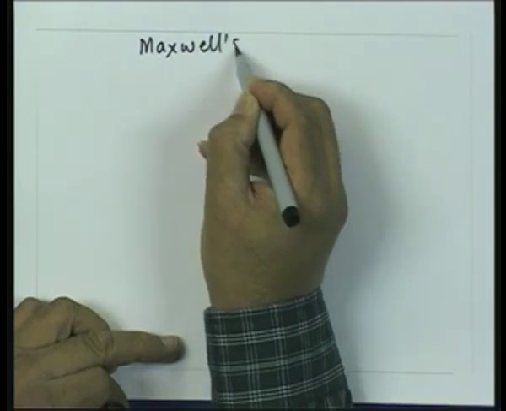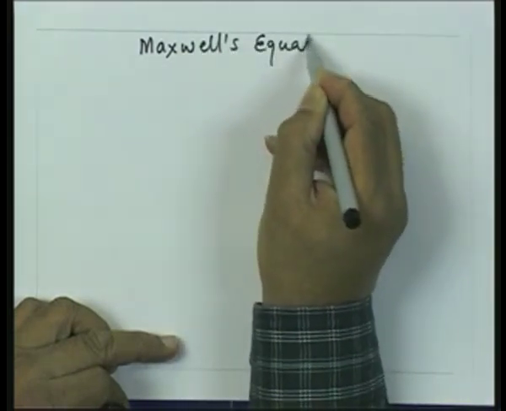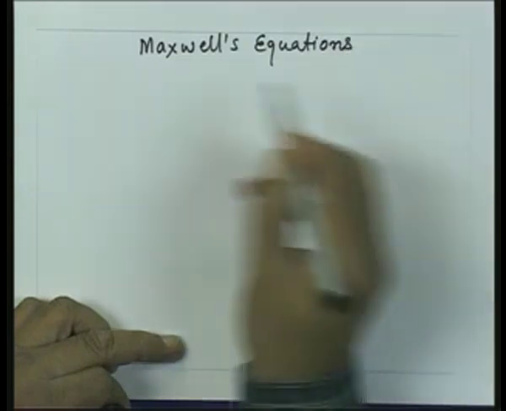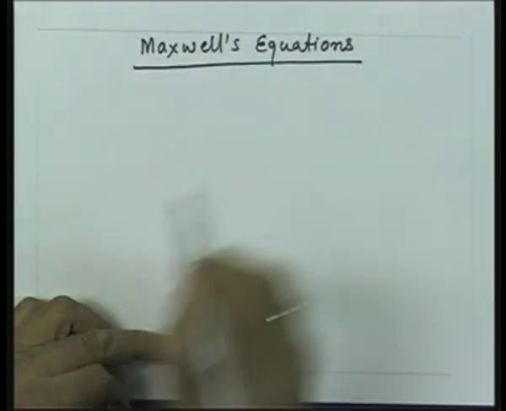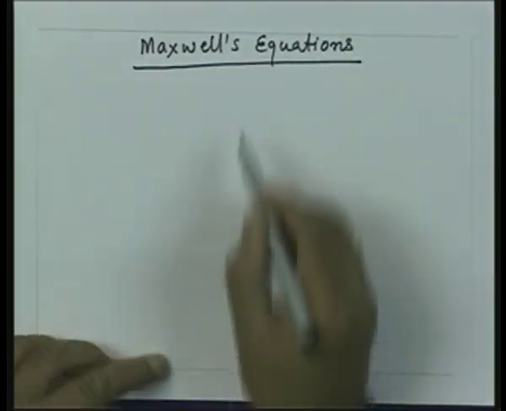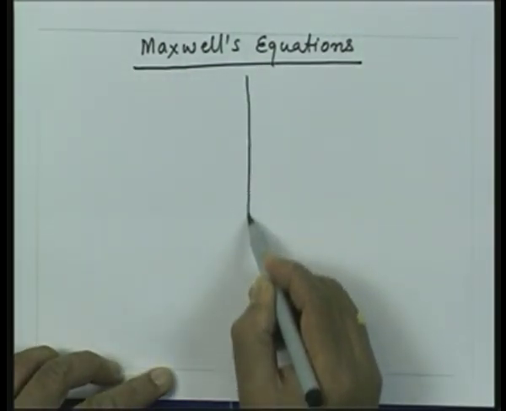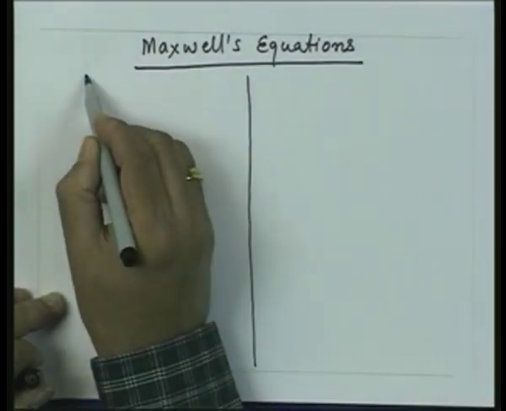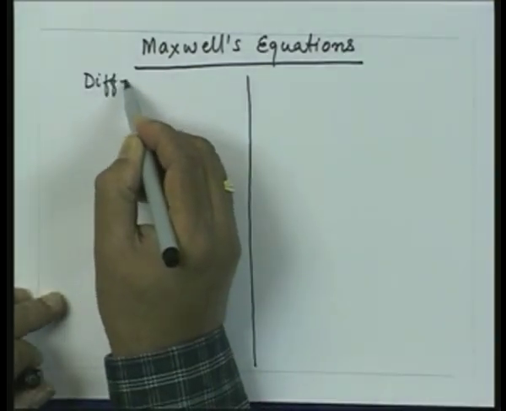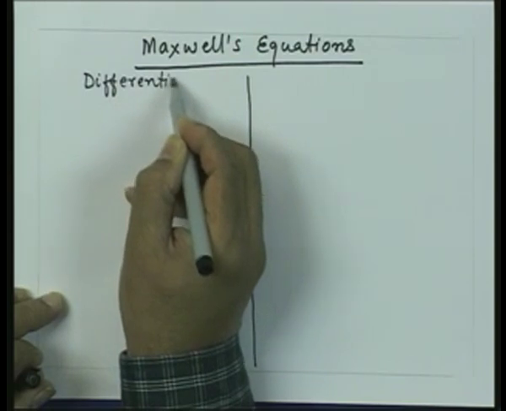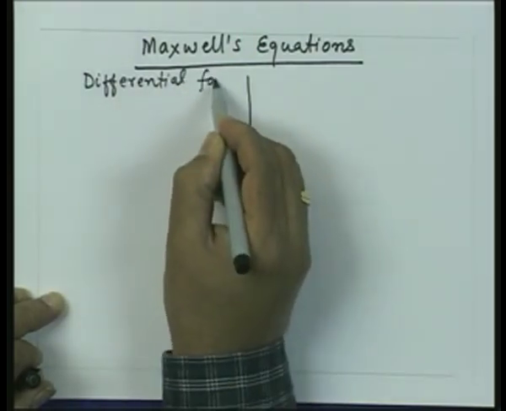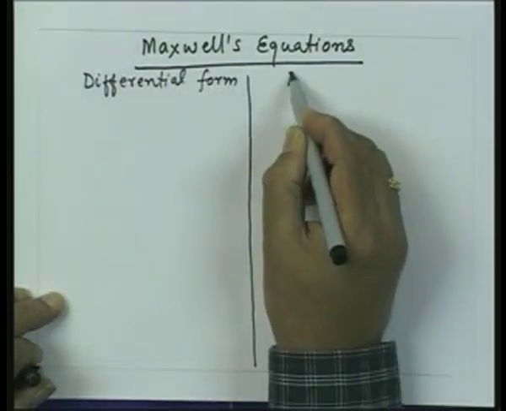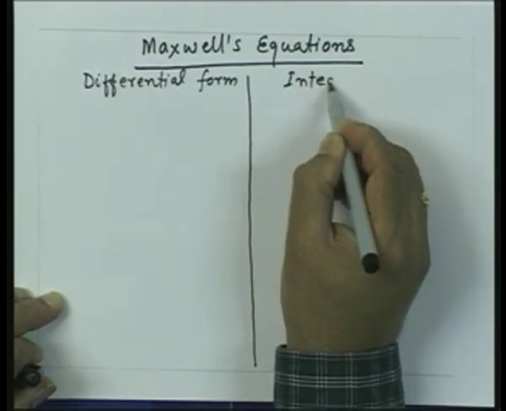So, we finally write the four Maxwell's equations. We can write them in two forms, differential form or integral form.